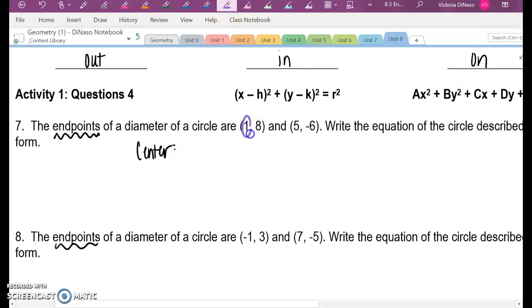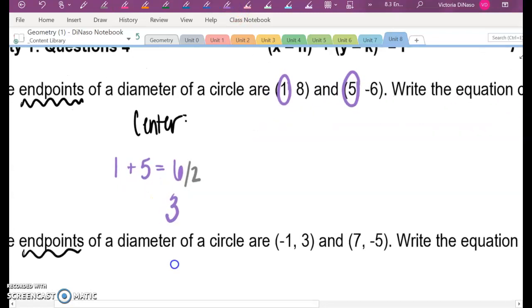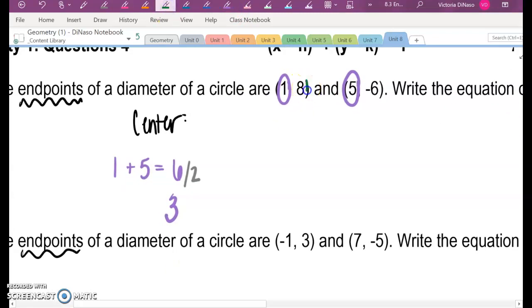you're going to find the average of 1 and 5, okay, the middle numbers. To find the average, you always add and then divide by however many that you have. So we've got 1 plus 5, which is 6, and then I'm going to have to divide by 2 so that I get 3. So there's my center for x. And now we're going to have to figure out the center of y.